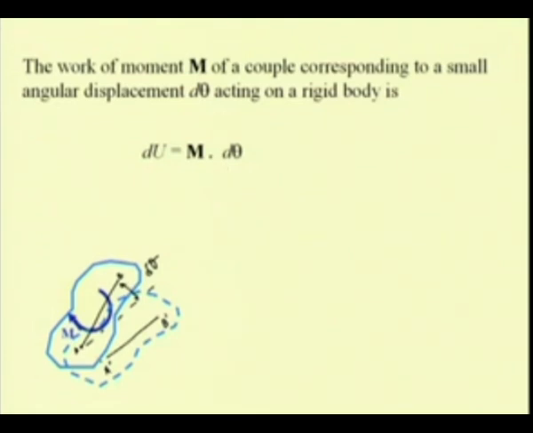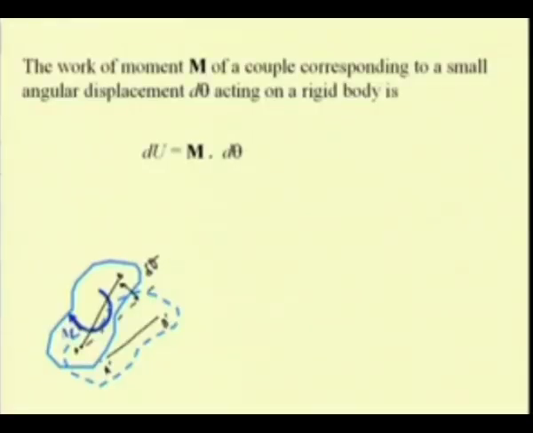For small increments or small rotations, the incremental angular displacement d theta is a vector quantity. Finite rotations, like an angular displacement of say 40 degrees, are not vector quantities, and will not follow the laws of vector addition.